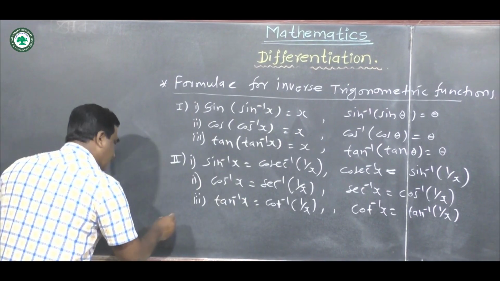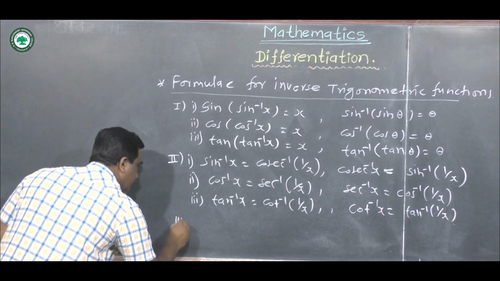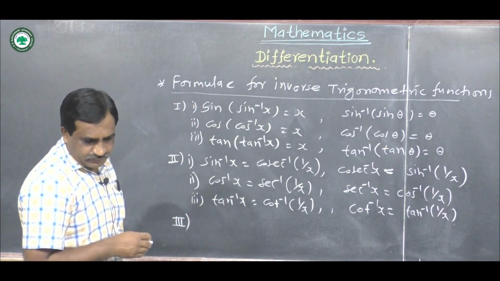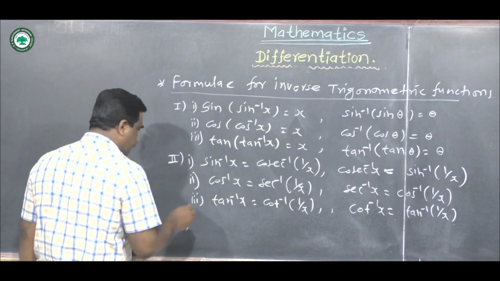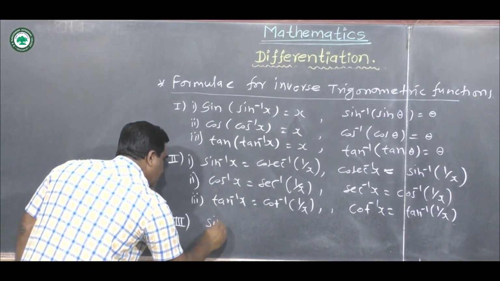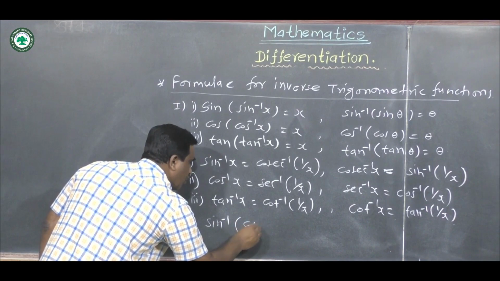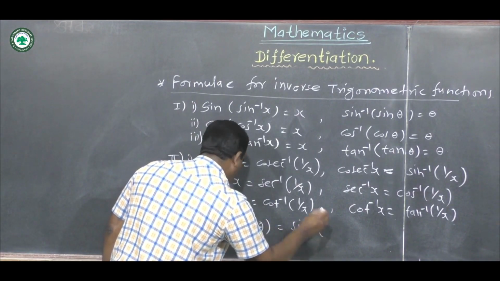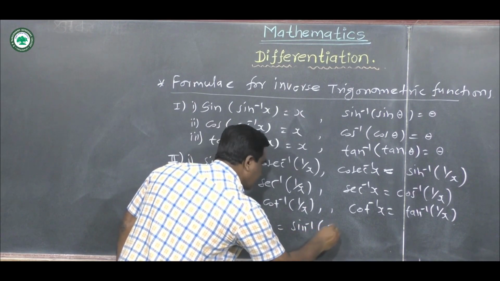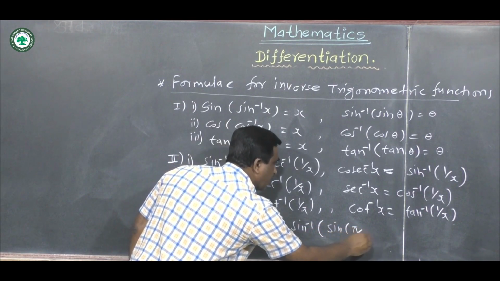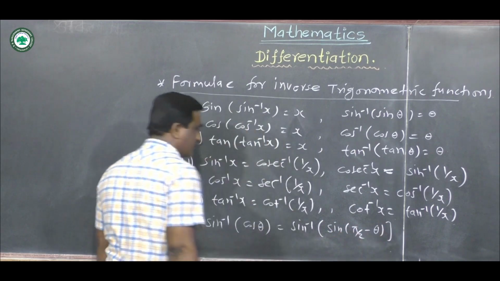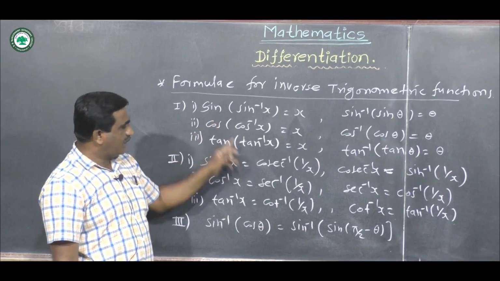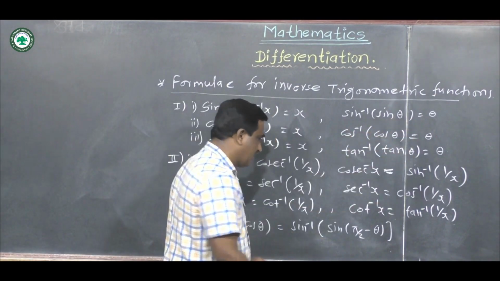Now next, number third point, you can write here sin inverse of cos theta is equal to sin inverse of sin of pi by 2 minus theta, and sin inverse of sin theta is equal to theta.